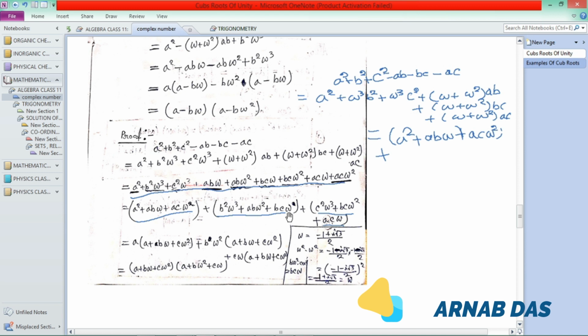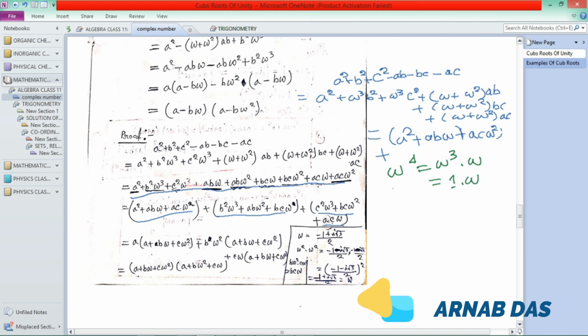And here you can see that this is also bc omega square, so this is also b omega square into c omega square. Here is ac omega to the power 4, and omega to the power 4 is omega cube into omega, and omega cube equals 1, so it is omega.